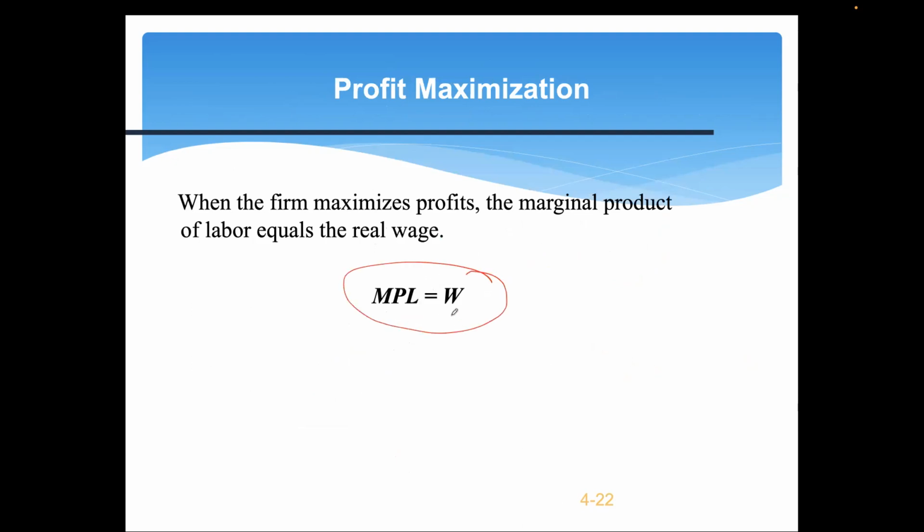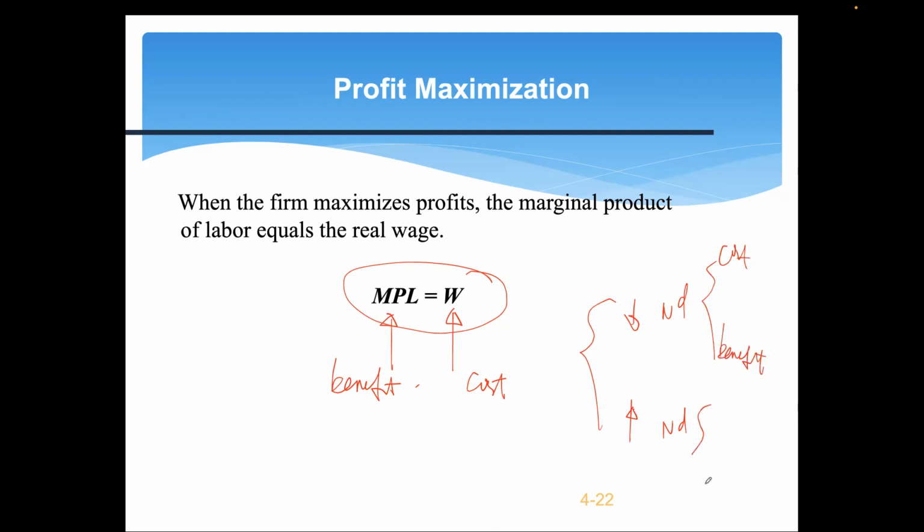Now remember, on the right hand side is the cost, on the left hand side it's the benefit. Okay? Now let's see what happens. So you have two choices. If you reduce labor demand or you increase labor demand, I'm going to show you both are bad ideas. So again, it's cost, benefit.